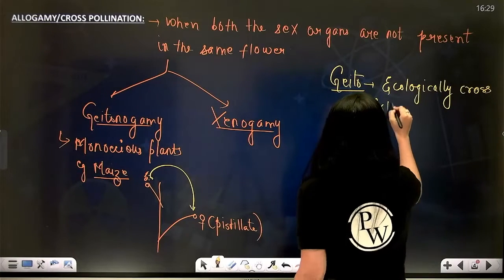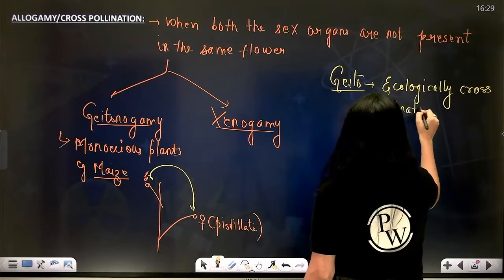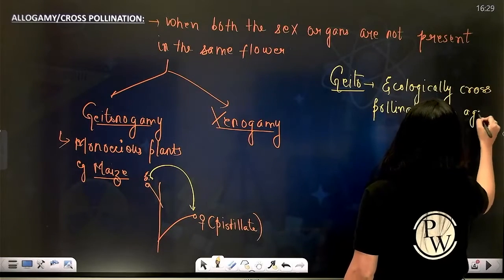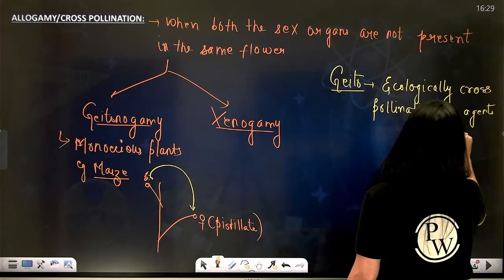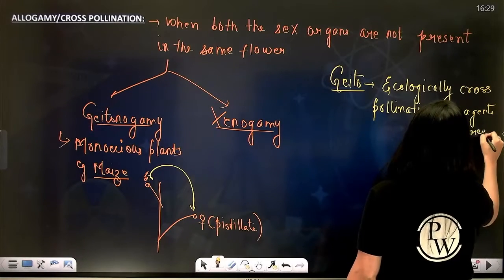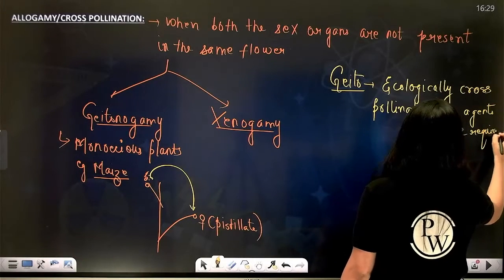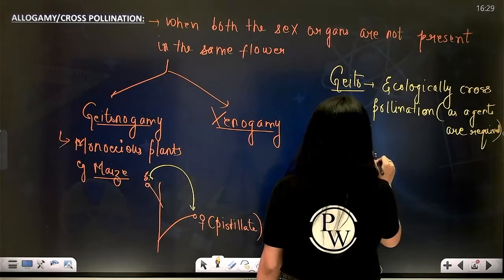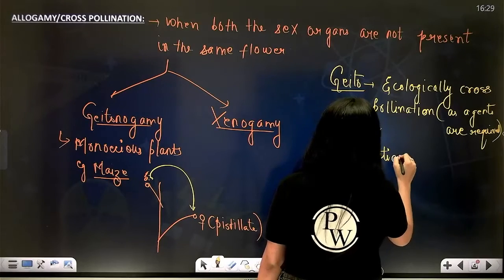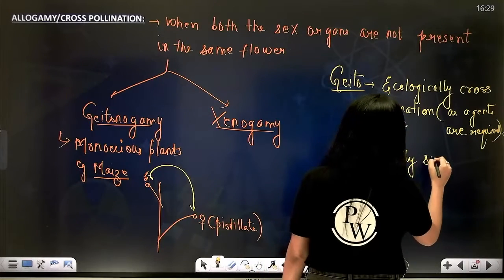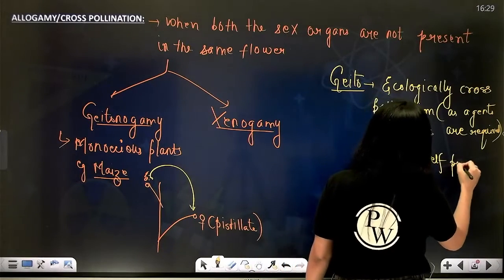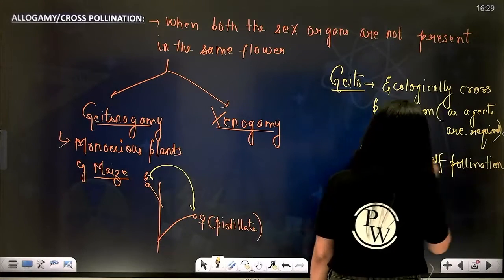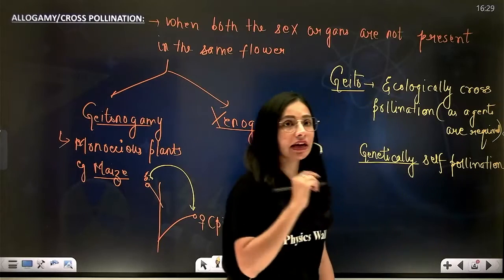How? Because pollinating agents are required, as agents for the transmission of pollen grains are required. Right? Whereas it is genetically self-pollination only. And what is the reason that it is genetically self-pollination?